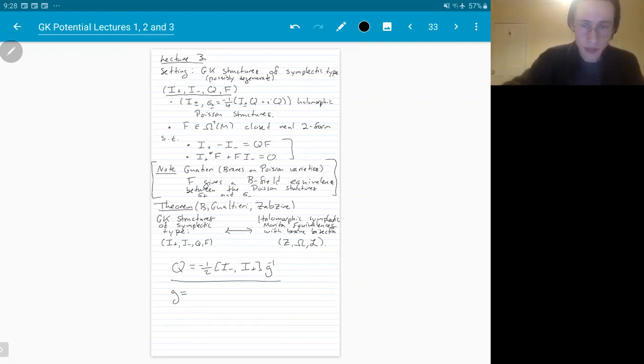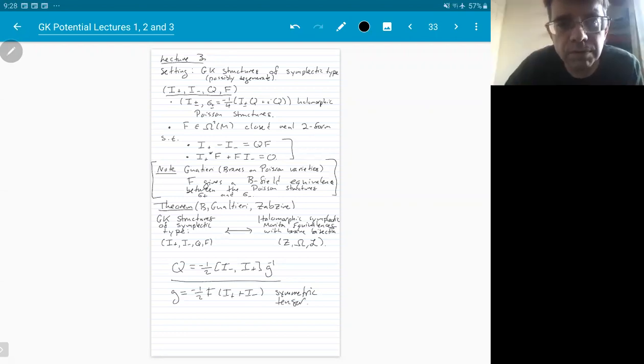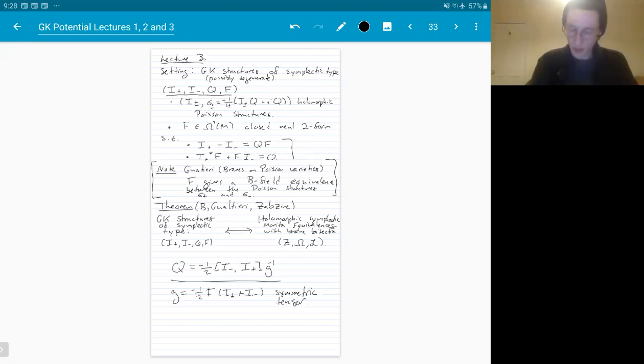It was something like this: 1/2 F times I plus I minus. So this is a symmetric tensor. Maybe for those who do symplectic geometry, F tames I plus and I minus. So the 1,1 part of F gives a Hermitian form with respect to either. Yeah, that's right, you could take the 1,1 part of F either with respect to I plus or with respect to I minus. Yeah, thanks.